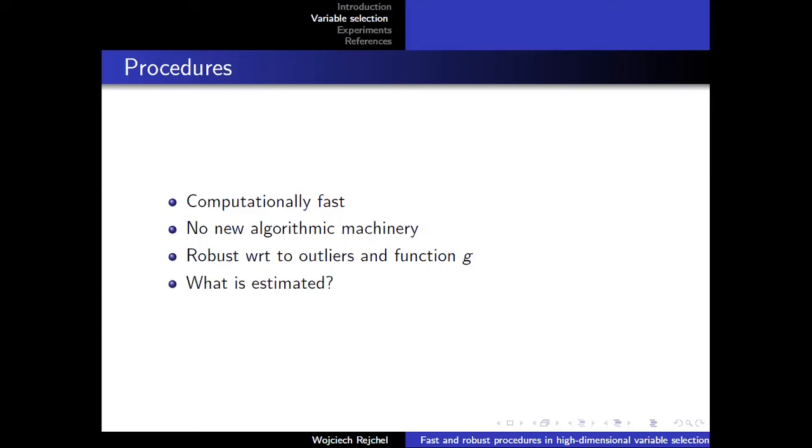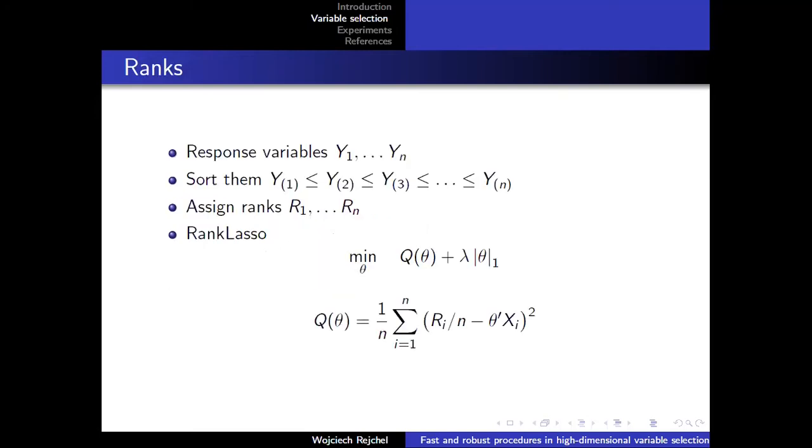Okay, but the problem is that when I use this estimator, which we call rank Lasso, I do not estimate the parameter beta, but some other vector. And the problem is how this new vector, which is estimated, is related to the parameter beta. I will show you this relation in a second.